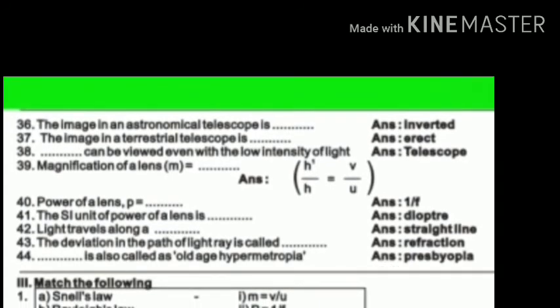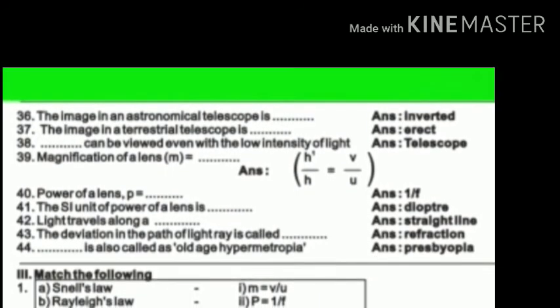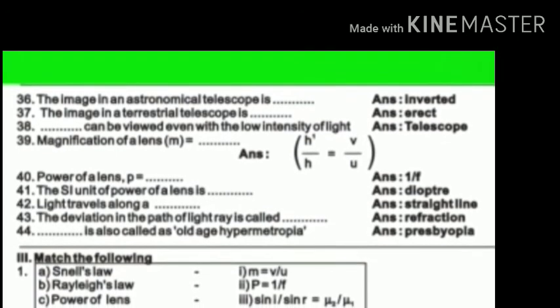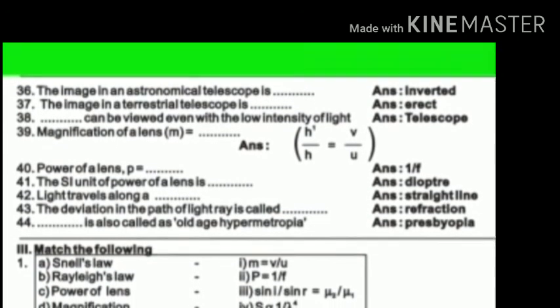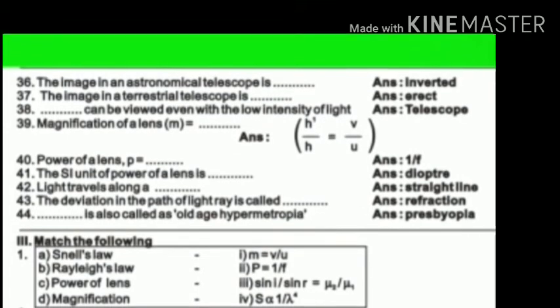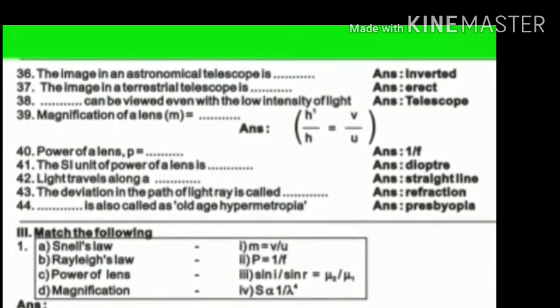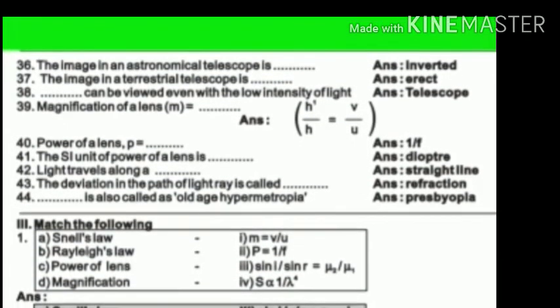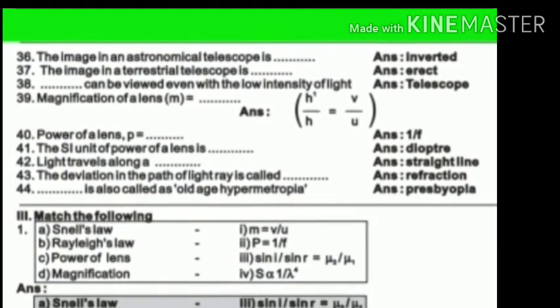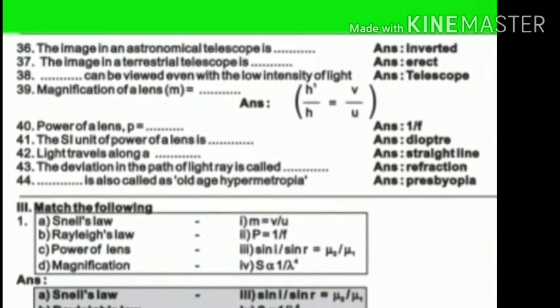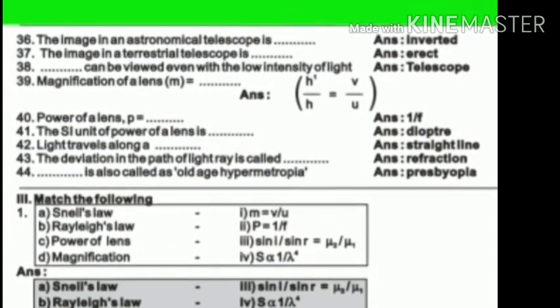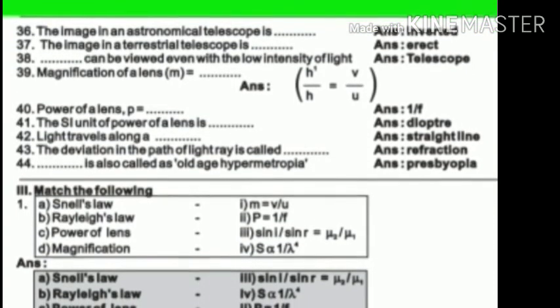Dash can be viewed even with a low intensity of light, a telescope. Magnification of a lens m is equal to h' by h is equal to v by u. Power of a lens P is equal to dash. Answer is 1 by f. The SI unit of power of a lens is dash diopter.